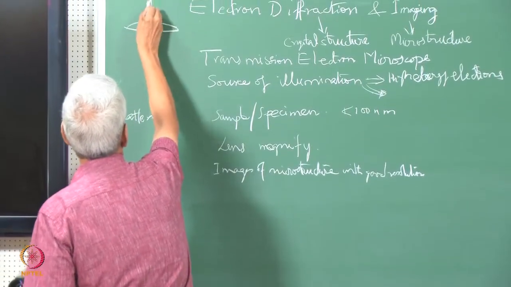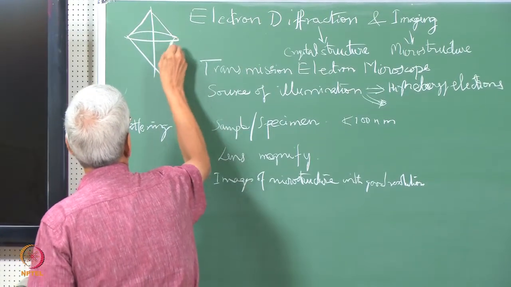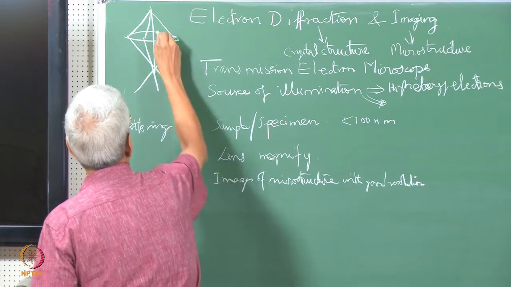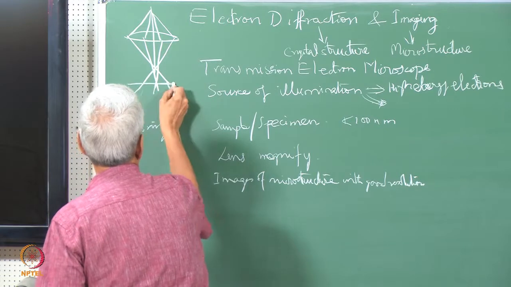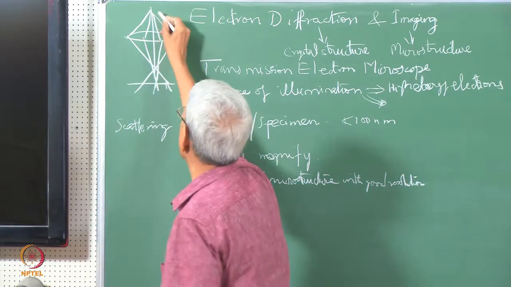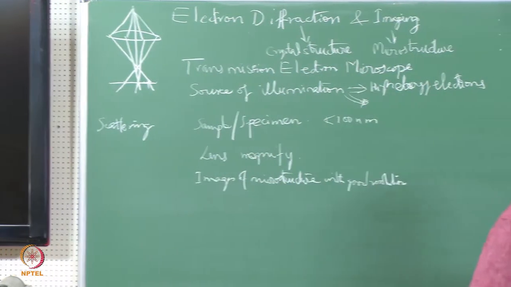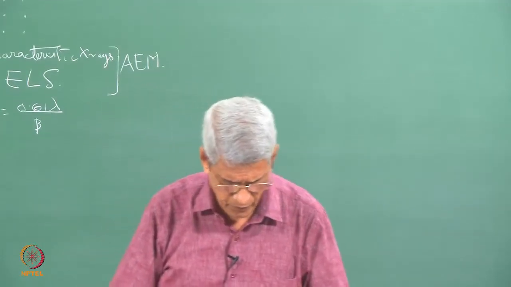This is for spherical aberration that I am drawing, but other aberrations can also be looked at. At the Gaussian plane, there is a spread, so for a point, the intensity is getting spread over a large area. This brings down the resolution.